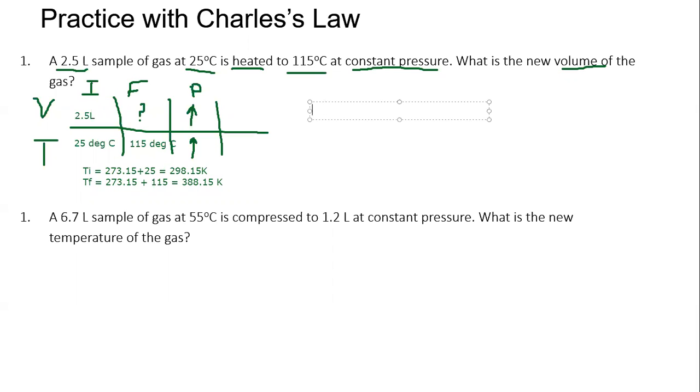Remember, it's V initial divided by T initial equals V final divided by T final. Now again, since the 388 is on the bottom, we need to multiply both sides by 388 to move it to the top.